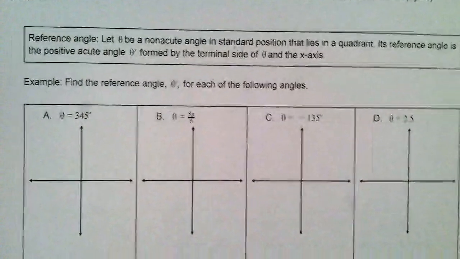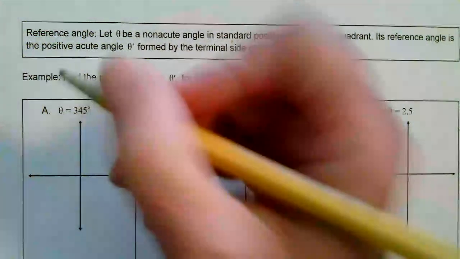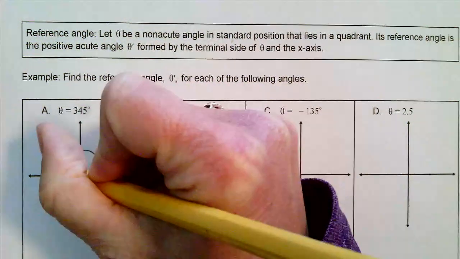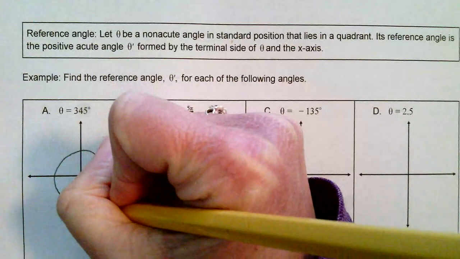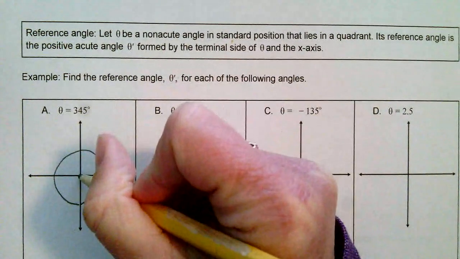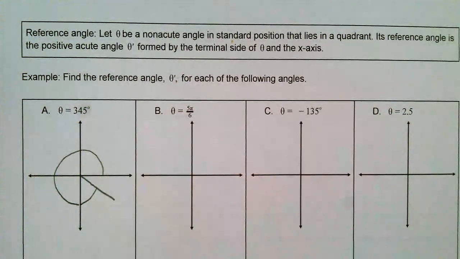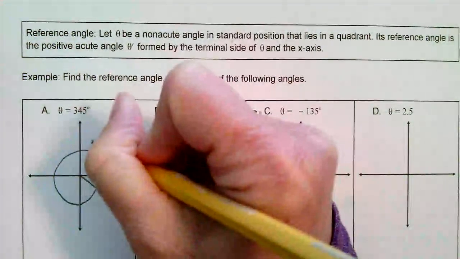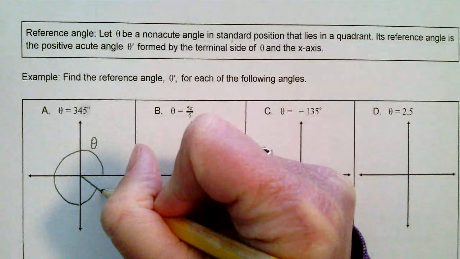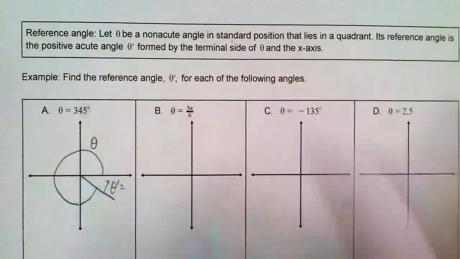So the first thing I want to do is draw in my angle in standard form. So 90, 180, 270, and I know that 345 will end somewhere up here, because I know that this is 360. So this is my angle theta, and I am looking for this angle here, which is my theta prime.